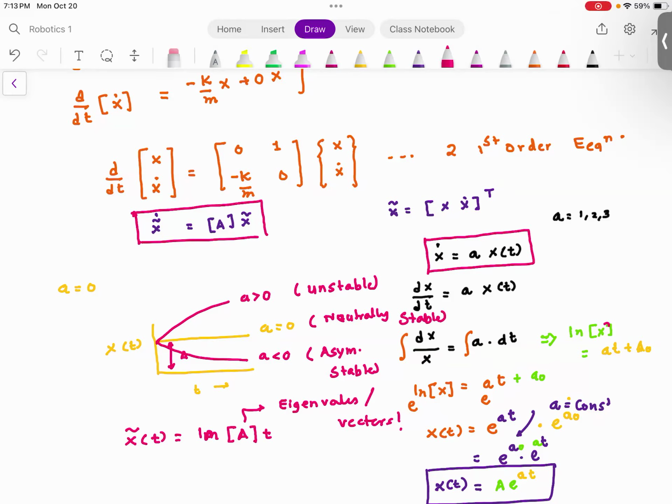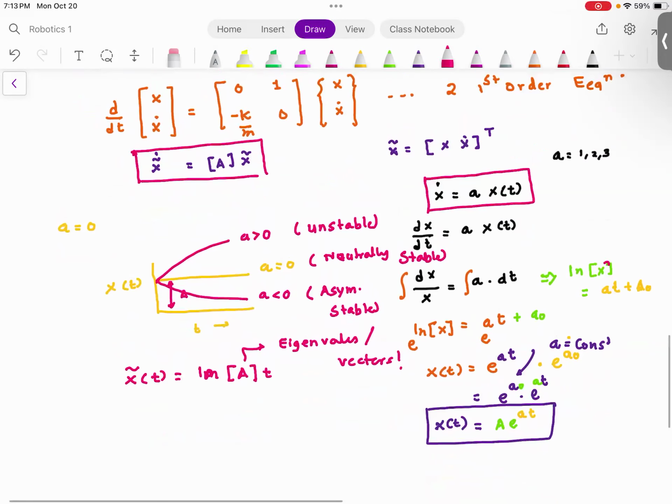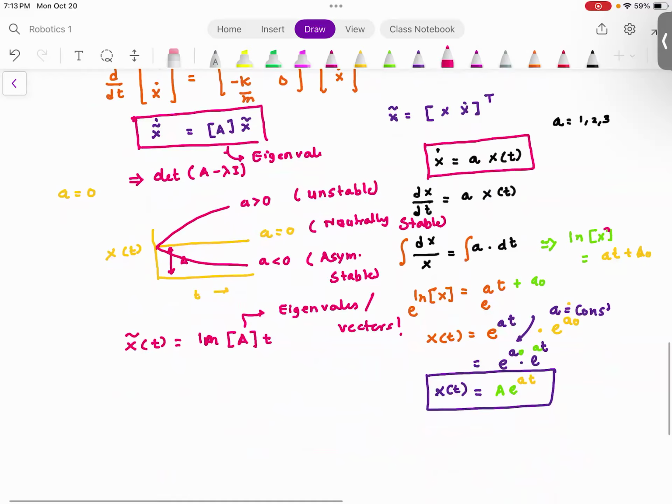Now, if you were to find the eigenvalues of this matrix A, if you try to solve the eigenvalue problem, which is determinant of A minus lambda I, let's do that for a second.